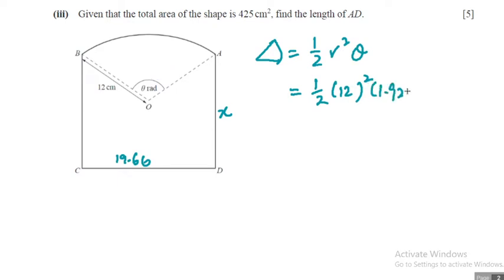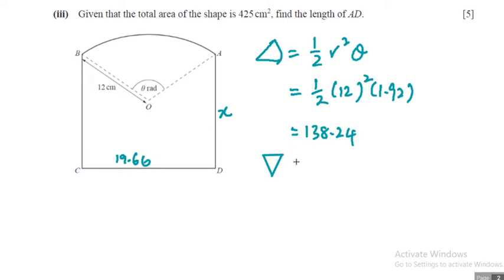So press half times 12 squared times 1.92, and you will get 138.24.